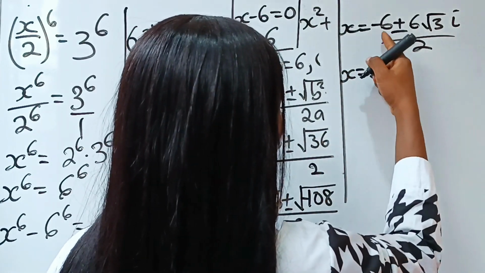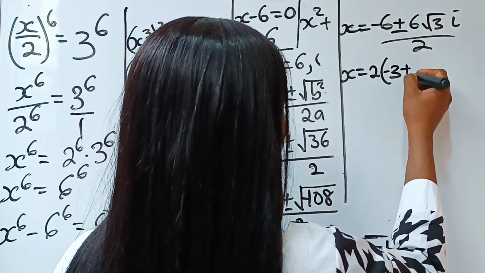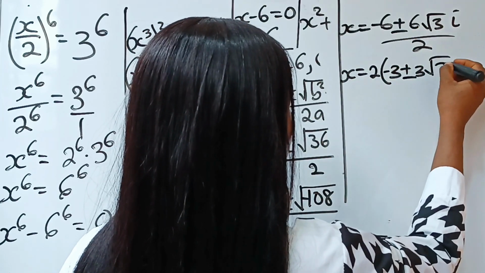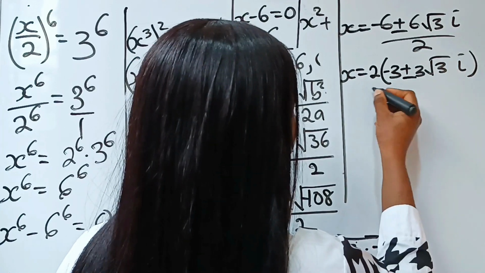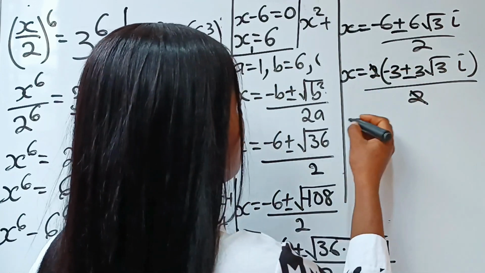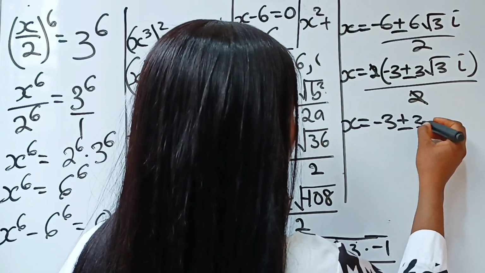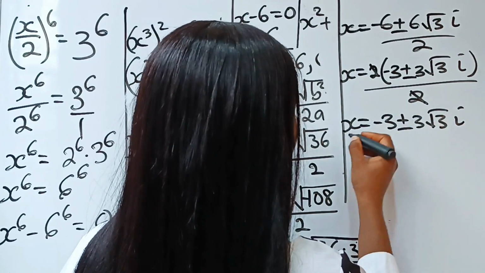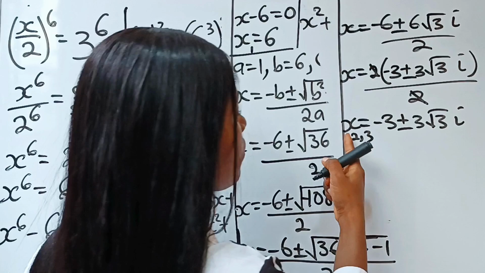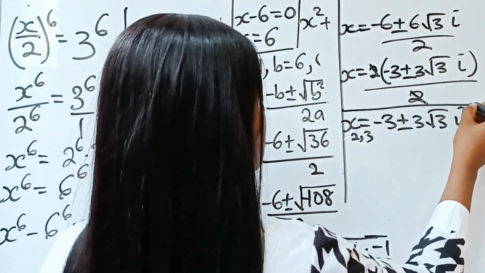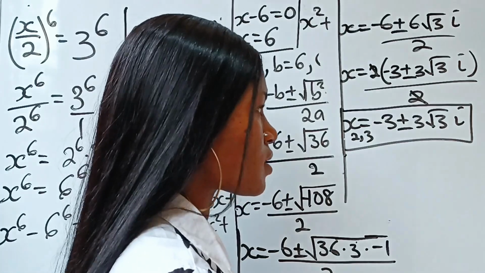So this will be minus 6 divided by 2, which gives us minus 3, plus or minus 6 divided by 2 is 3, times root 3i, divided by 2. So we cancel this. We have that x is equal to minus 3 plus or minus 3 root 3i. Therefore, we have the second and the third value of x here. So this is another value of x.